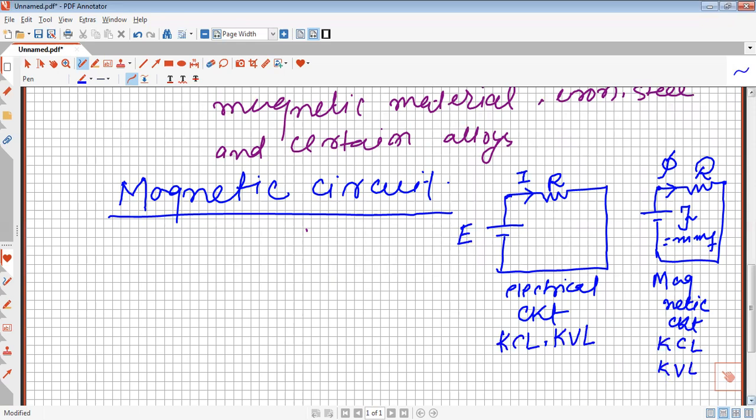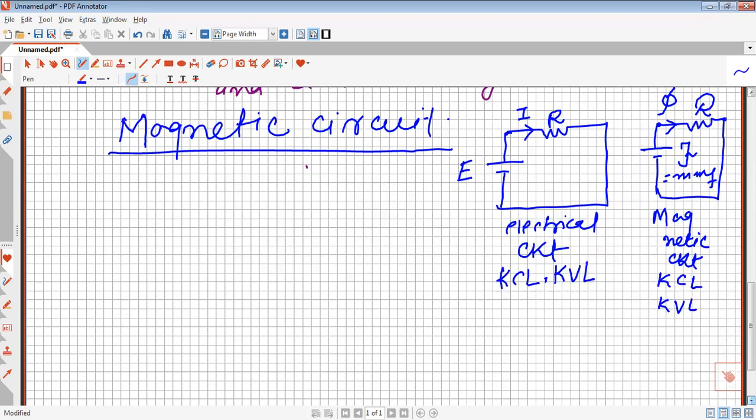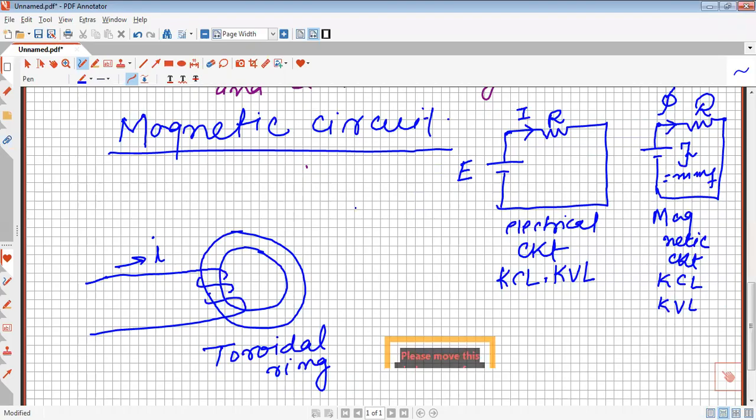Now I will see how we can find the value of flux in a magnetic circuit. So let us see what we have to do for this. Here we see this is a toroidal ring, and a winding is placed on this ring, and current is supplied through here.